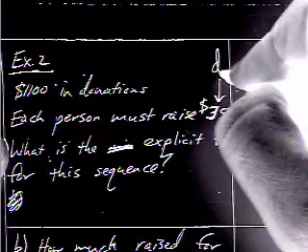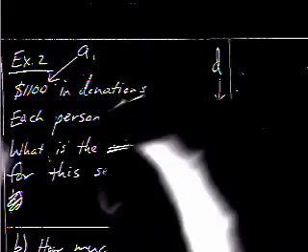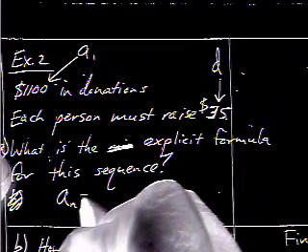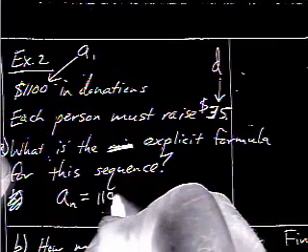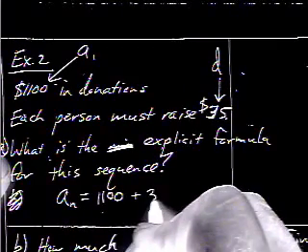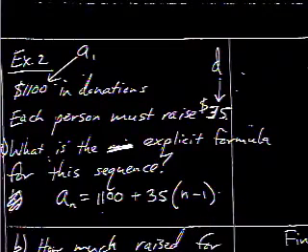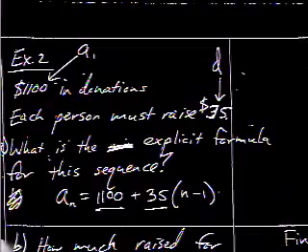Well, consider this to be your constant difference, and consider this to be your first term of your sequence. So a sub n is equal to the first term plus the constant difference times n minus 1. There it is. All we had to do is plug in first term and the constant difference.